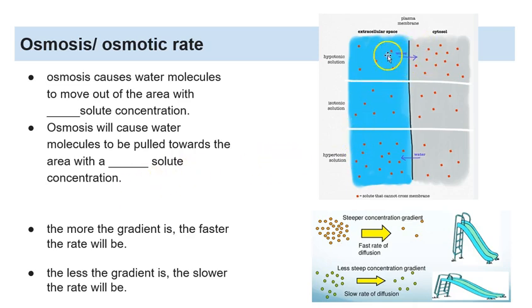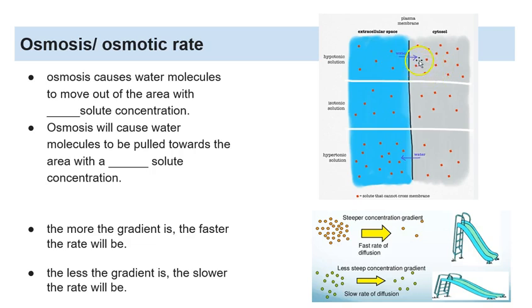So let's look at this image. Here we have a semi-permeable membrane in between, and two different solutions with different tonicities on either side of this membrane.